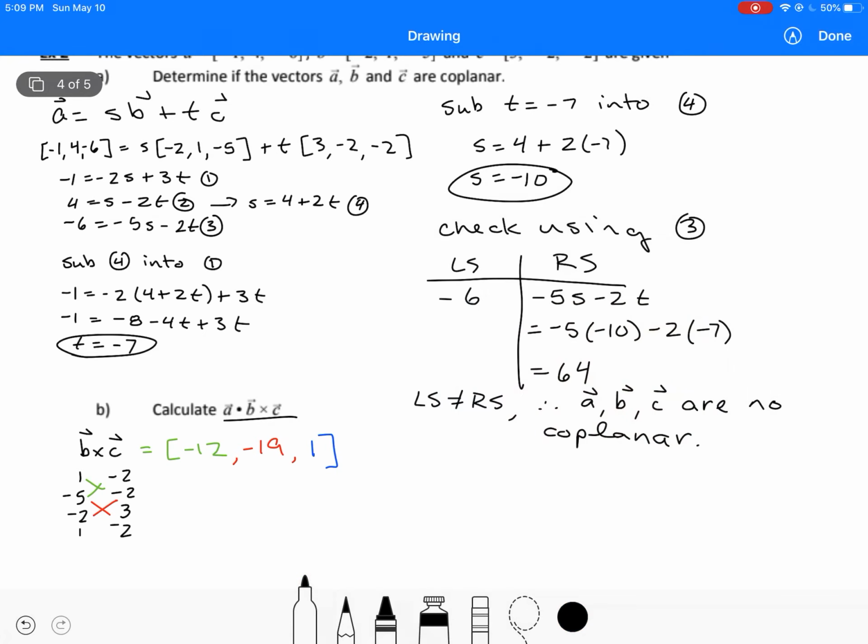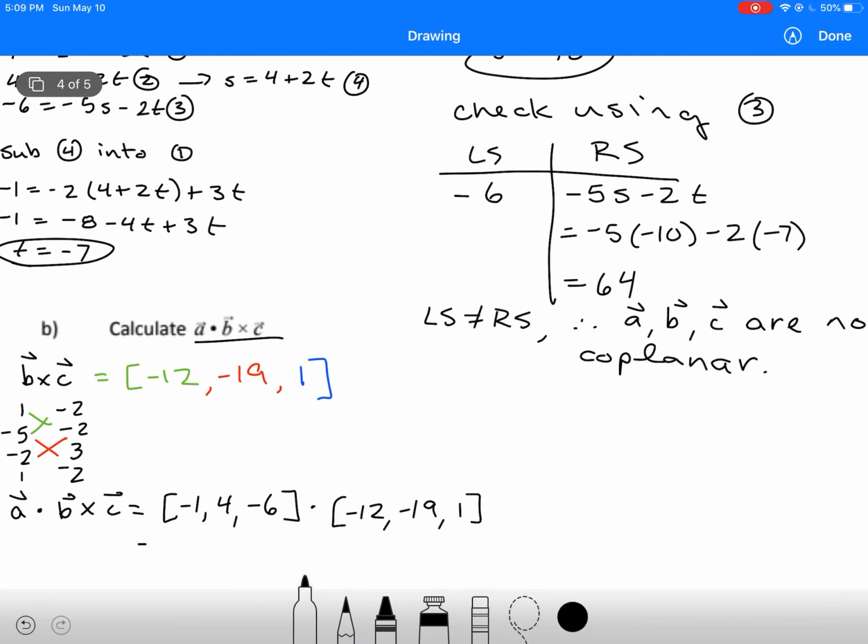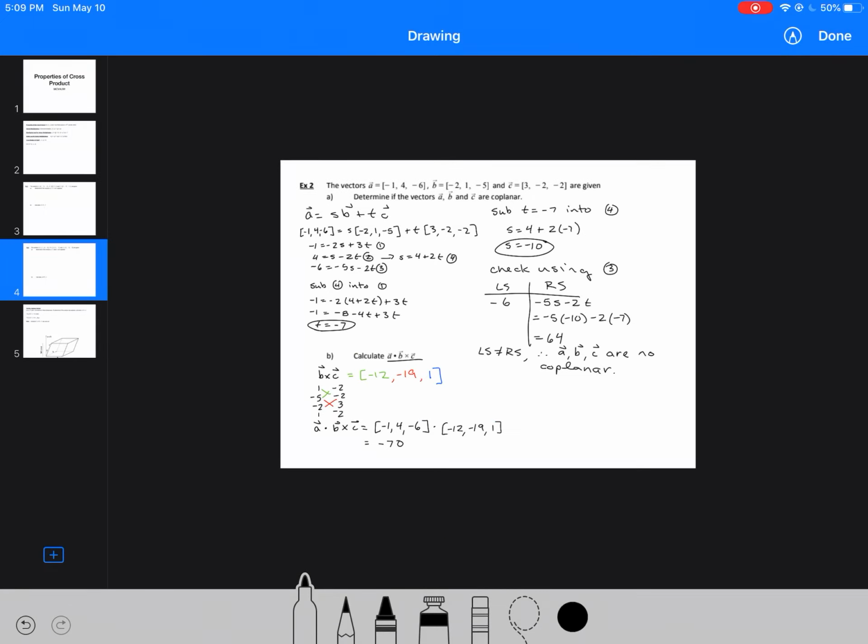So now we're going to dot that with our A vector. So we've got A dot B cross C is going to be minus 1, 4, minus 6, dotted with minus 12, minus 19, and 1. When you figure this all out, you're going to end up with minus 70, not coplanar, triple scalar product is not 0.